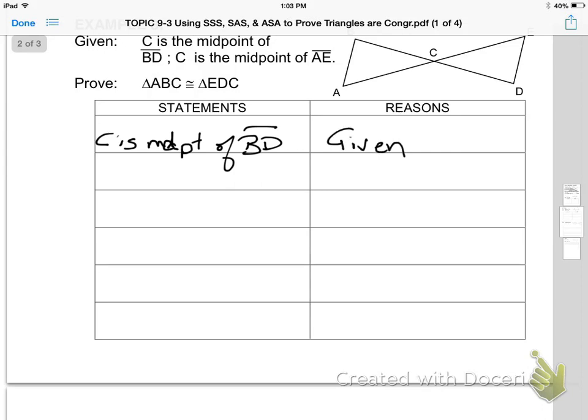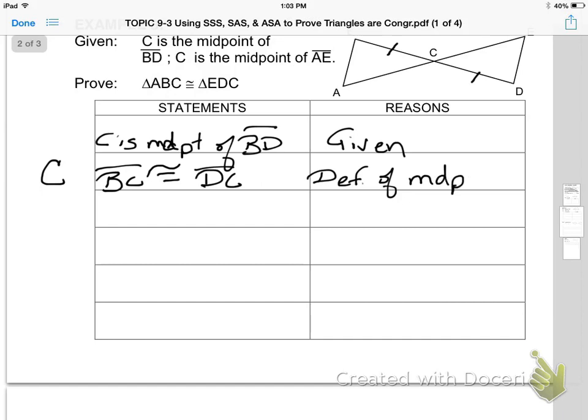That doesn't prove congruency, but by the fact that it's a midpoint, it's going to prove that BC and DC have the same measure. So there's our first congruency statement. BC is congruent to DC, and that is by the definition of a midpoint. That's what it means to be a midpoint.